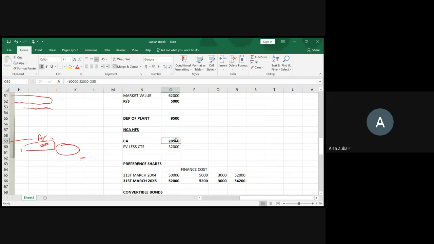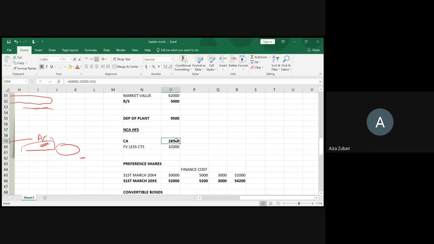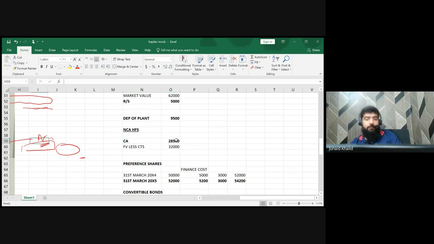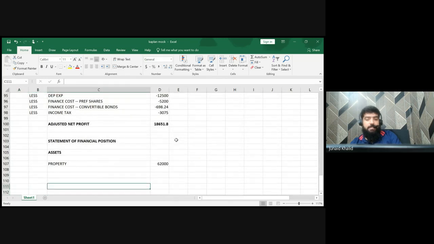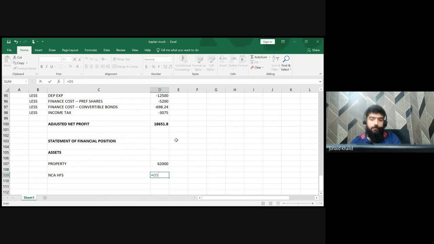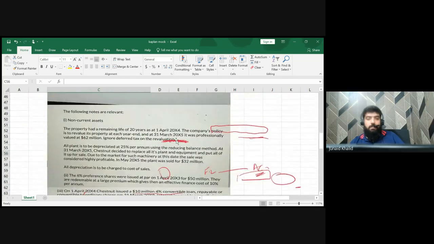This will not be treated as non-current liability; instead, it will be treated as current. So it's 059. We are going to recognize it under the head of current assets, non-current assets held for sale. Are you getting the point? Okay, what other assets do we have?